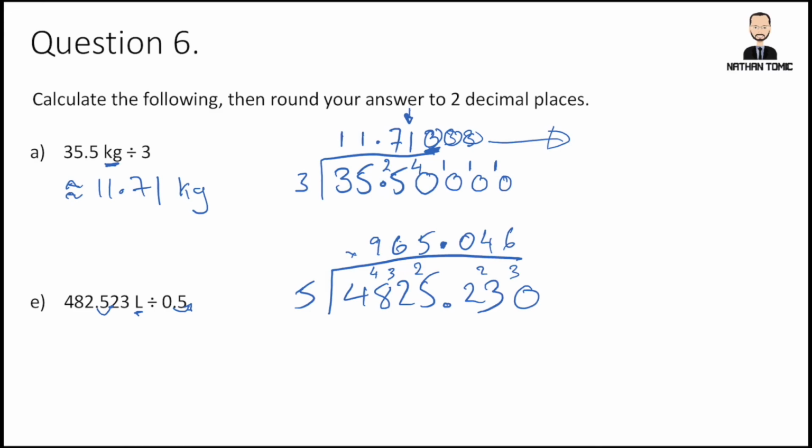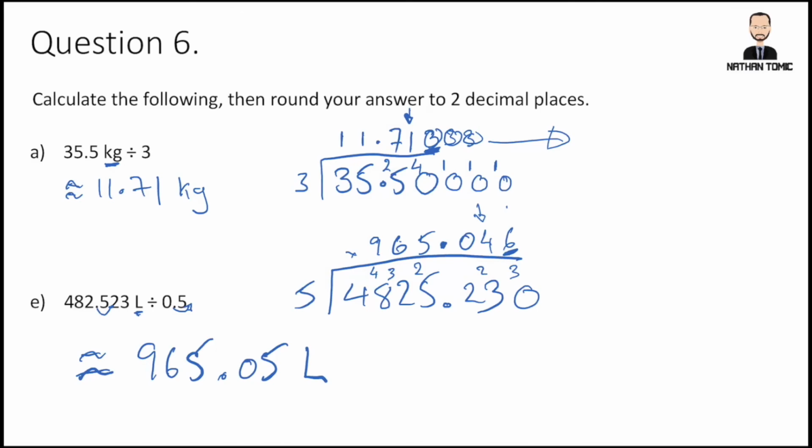So here is the number we're rounding to, so that makes the 6 our critical digit. It's a 6, that means we round up, so this 4 is going to become a 5. So we're going to say it's equal to approximately 965.05. Okay, and don't forget we have L for litres, so we have to put that back into the question as well.